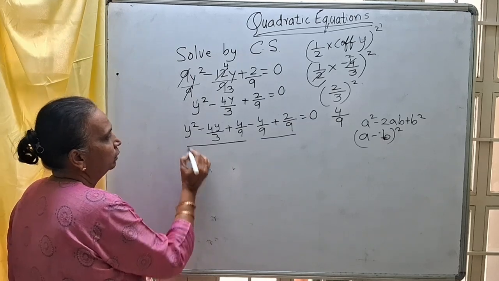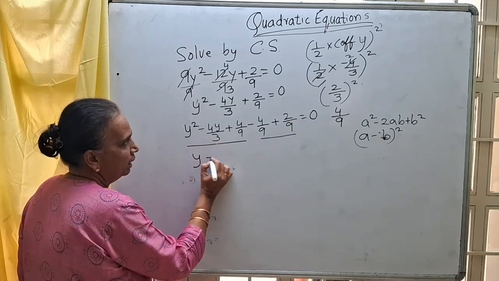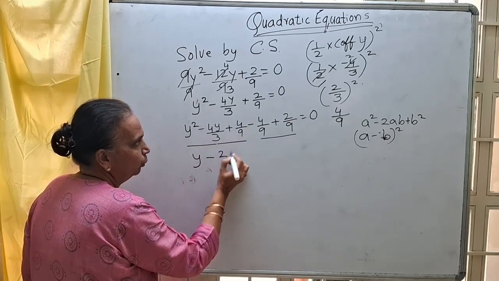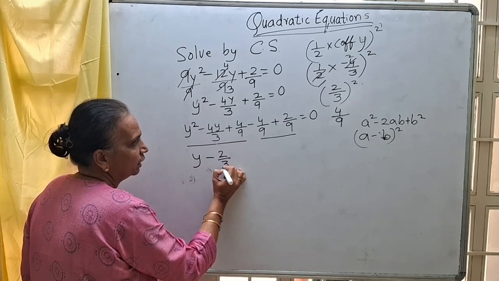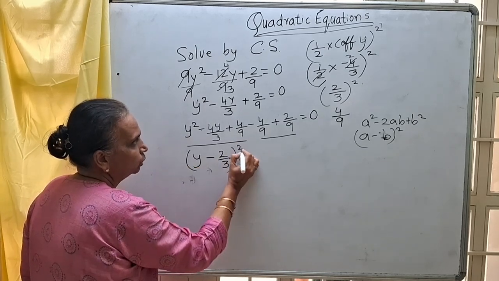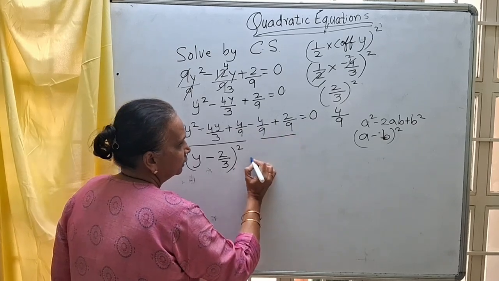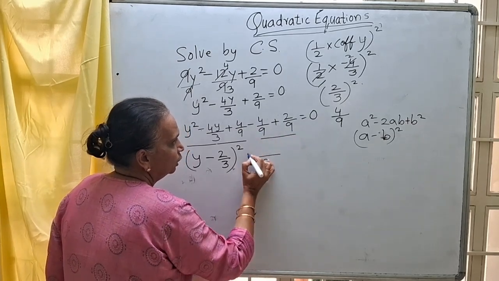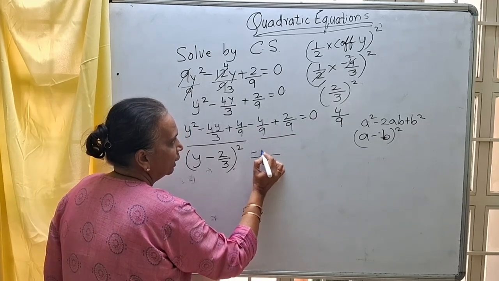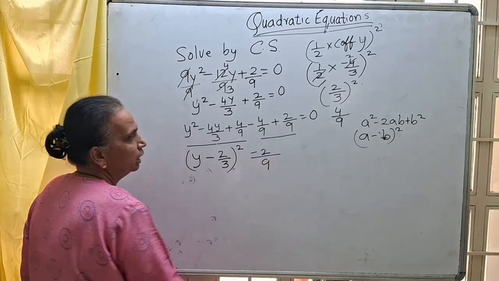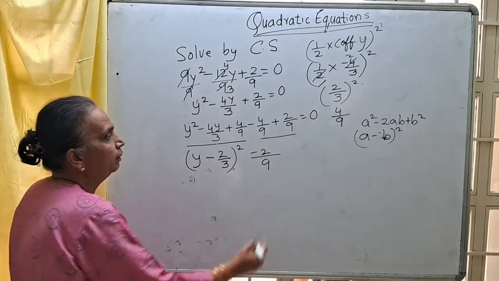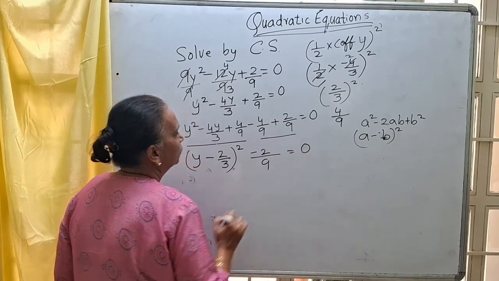So now this y, this minus, perfect square of 4 is 2, perfect square of 9 is 3, the whole square. Common denominator is 9, minus 4 plus 2, so it comes to minus 2 upon 9 is equal to 0.